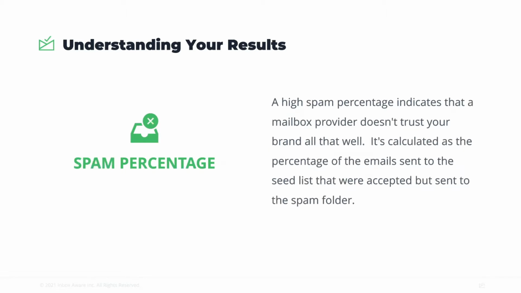If they did get stopped by filters, and as we all see, that ends up being your spam percentage, right? Or your junk box, right? A higher spam percentage indicates that a mailbox provider doesn't trust your brand as well. Or the users themselves don't, right? So it's one of those things where you typically don't want to end up there, because it's not a good thing.